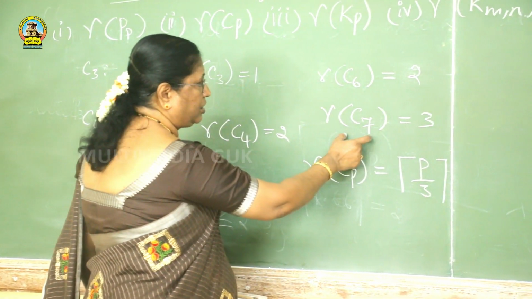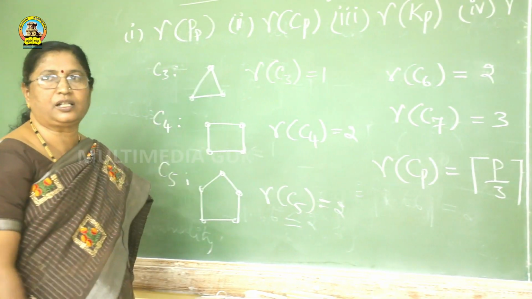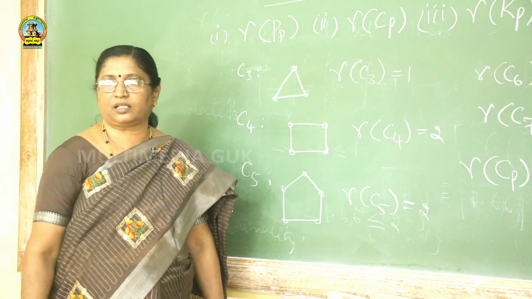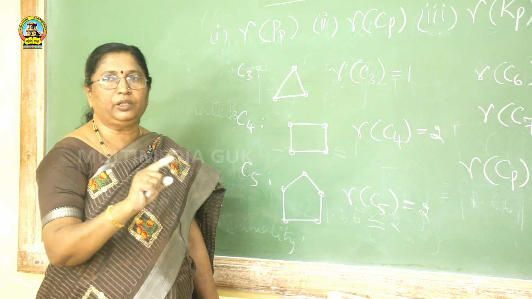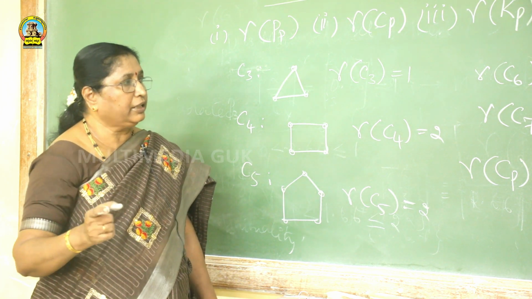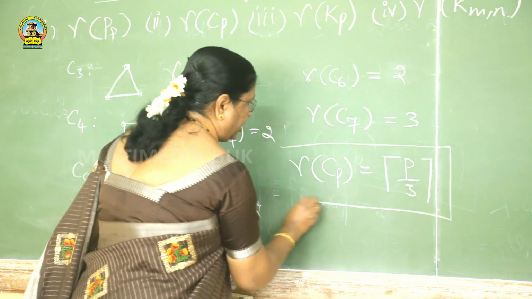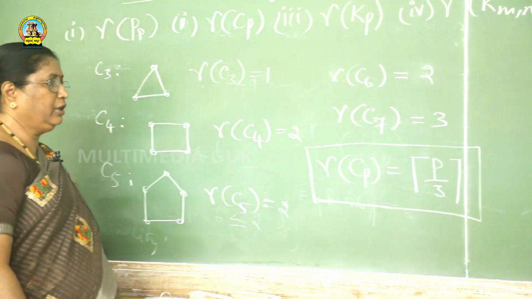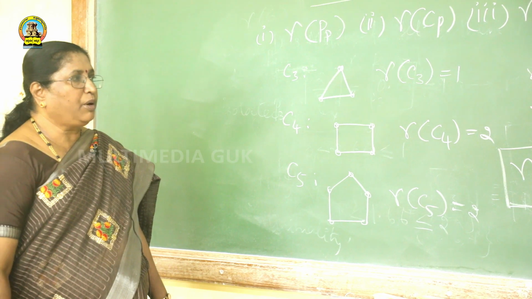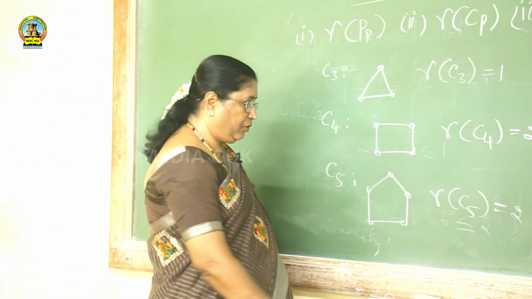Now for C7, 7 by 3 is 2.66 recurring, whose greater integer value is 3. 2.66 lies between 2 and 3, and in this region the greater value is 3. So we can write the generalized formula: the domination number of any cycle is equal to the smallest integer function, the ceiling of p by 3.